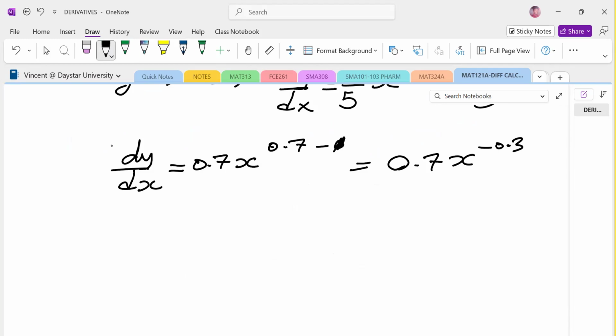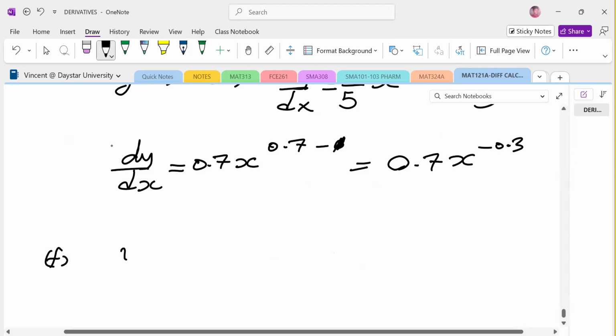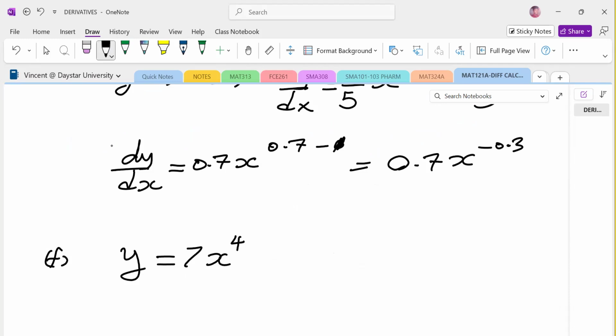Then f, help me get dy dx of this function, 7x power 4. Can you work out dy dx for 7x power 4?